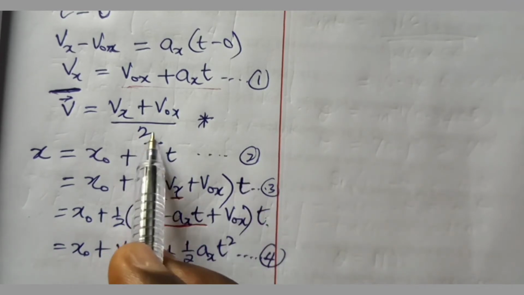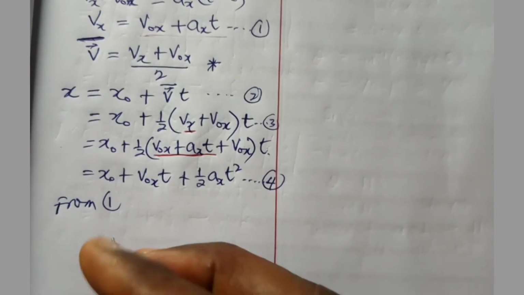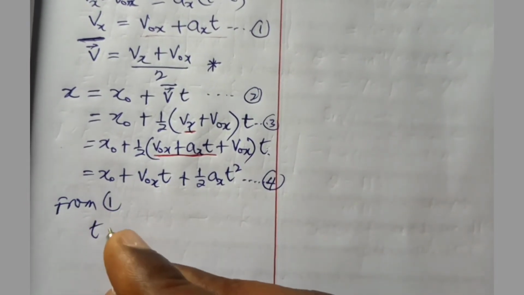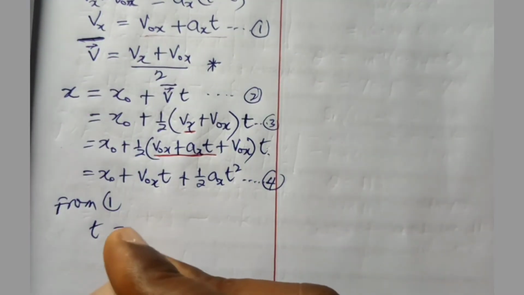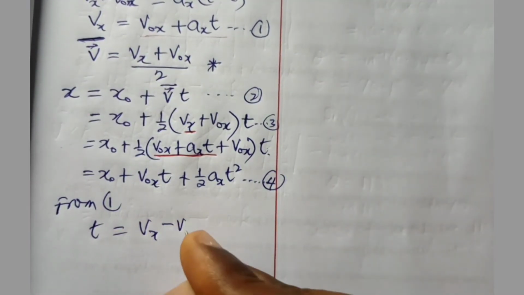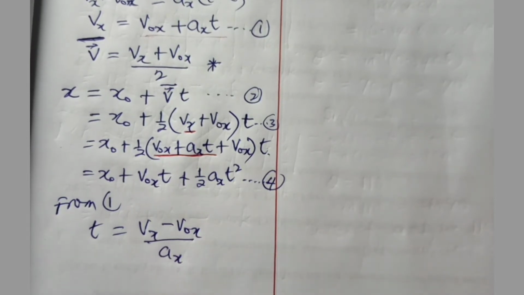We see from equation 1 above that we can find t: t is equal to (vx minus v0x) all over ax.